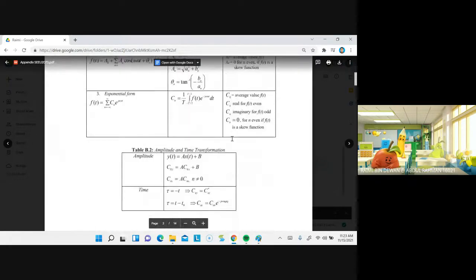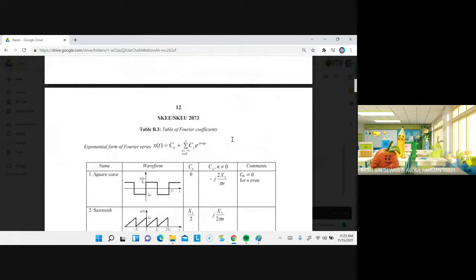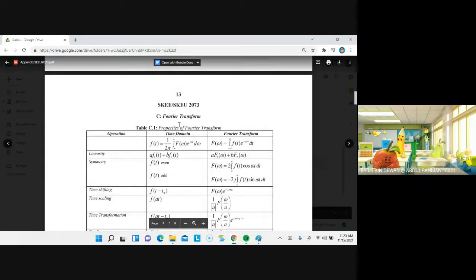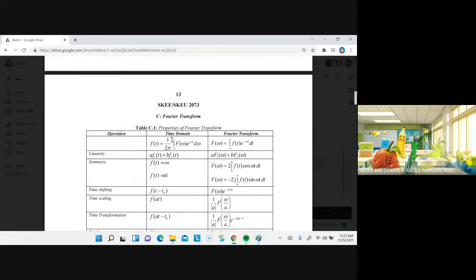So this is Fourier series. This is the table of Fourier coefficients. This one is the Fourier transform. You can see it's like a general formula. When we want to convert to our frequency domain or spectral lines, you have d omega here. If we want to convert back to the time, this one is the inverse Fourier transform.